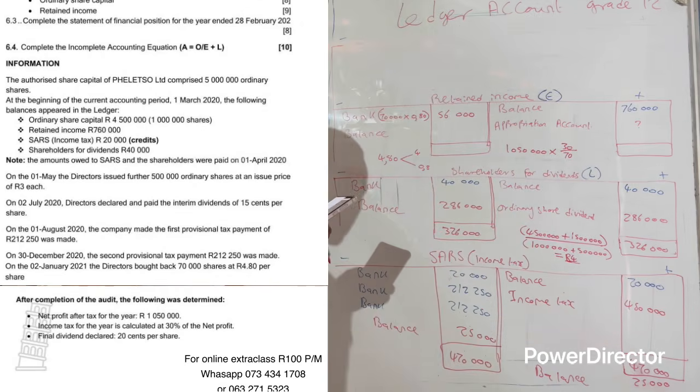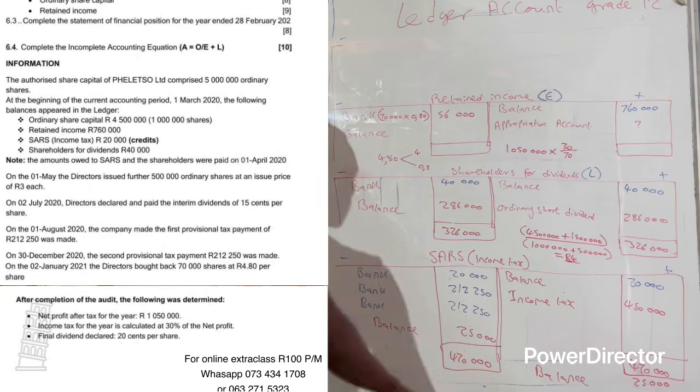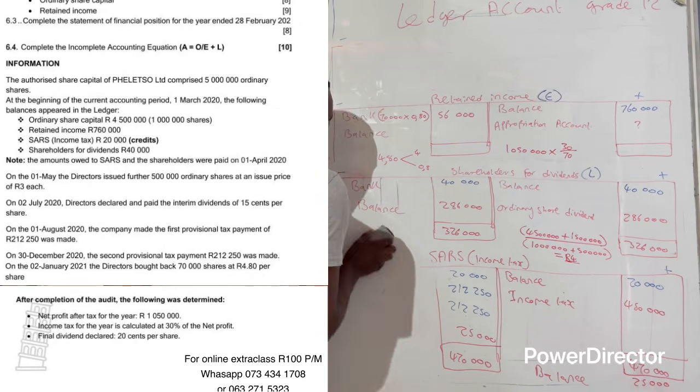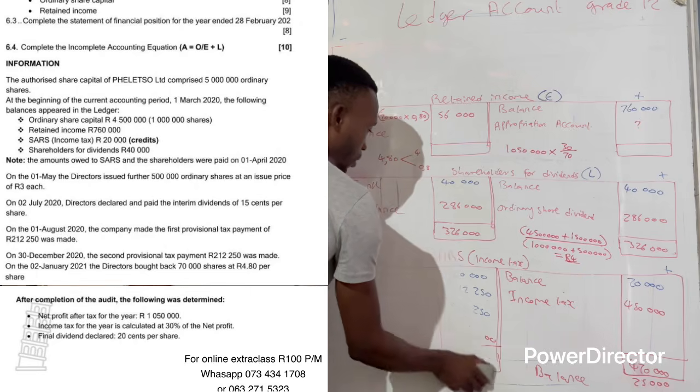Okay, I think SARS, where is SARS? Let me check if we are still going to use this amount of SARS. Yes, but only 450. You will see it when we get there, but otherwise we are not going to get a space for this one.